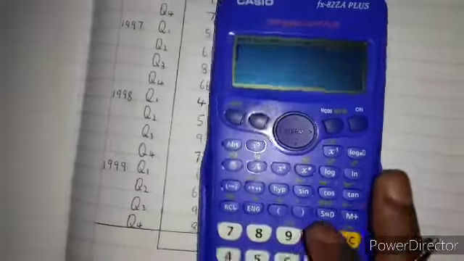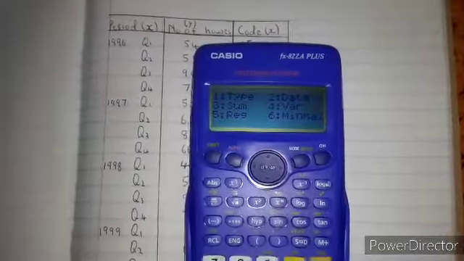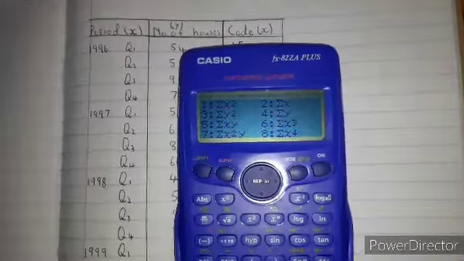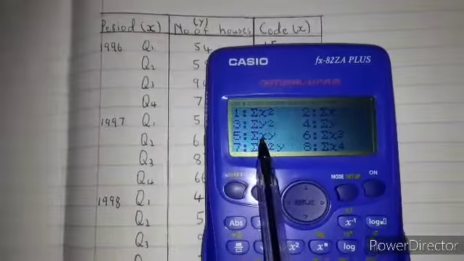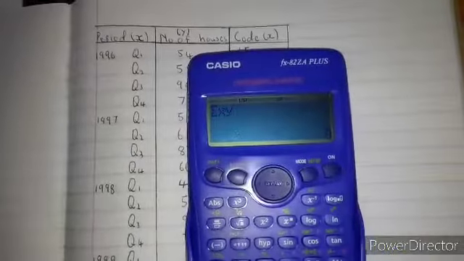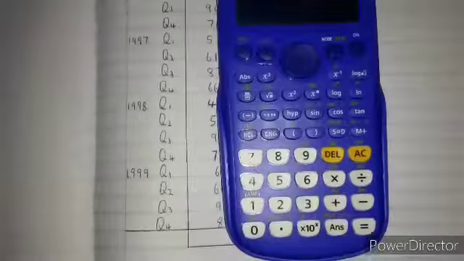Go to shift 1 again. Go to sum, option number 3. You are looking for the sum of xy. There's sum of xy, option number 5. It's 693. Sum of xy is 693. Divide by the sum of x squared.